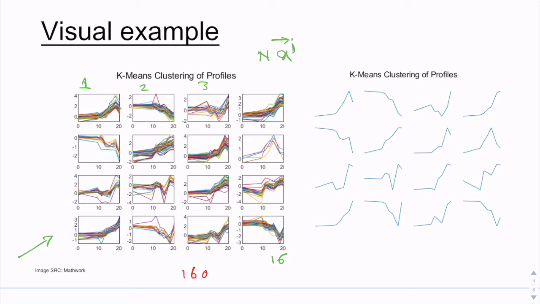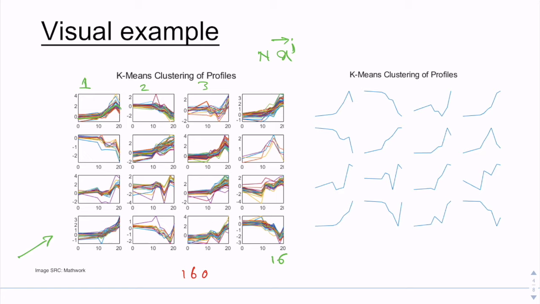But if you cluster 160 vectors into 16 clusters, each cluster does not necessarily have 10 vectors. The number of members of each cluster might be different from the others. In fact, some clusters might be very rare and only have maybe one or two vectors, so we have some outliers in our data.